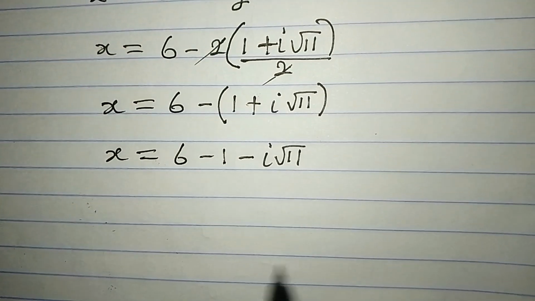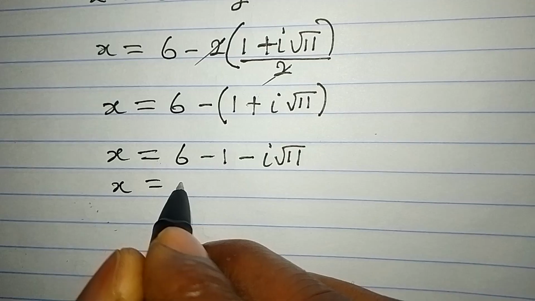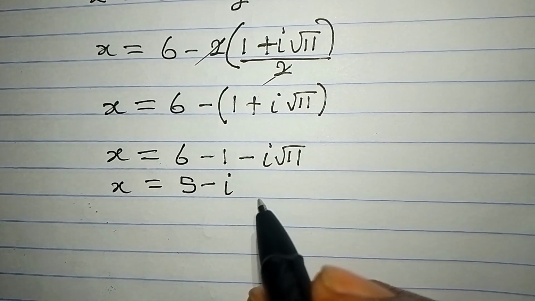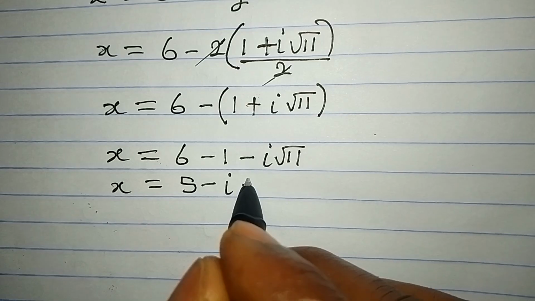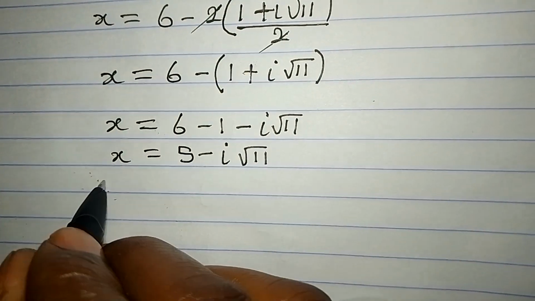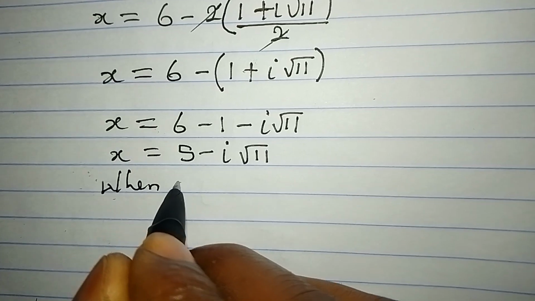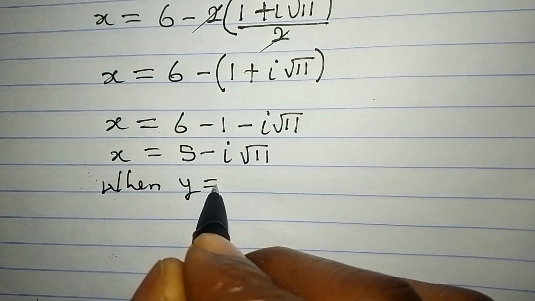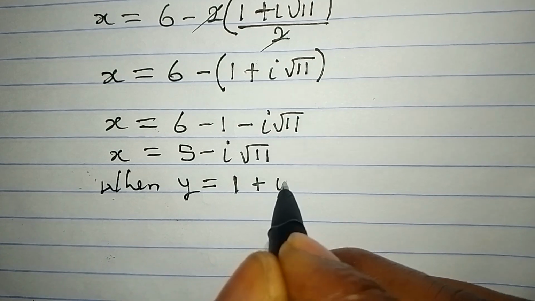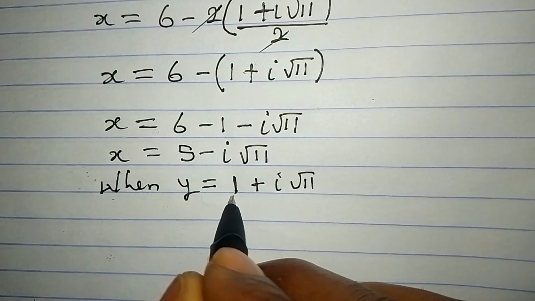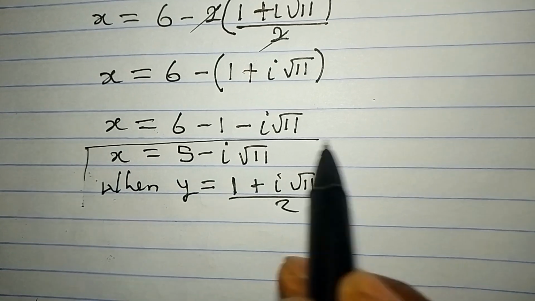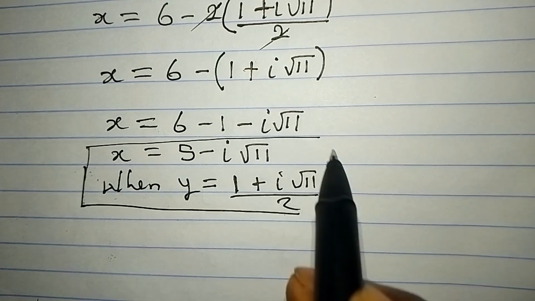So 6 minus 1 is 5. Our x is 5 minus I root 11. So this is the value of x when y equals 1 plus I root 11 over 2. So here we have the value of x and the value of y.